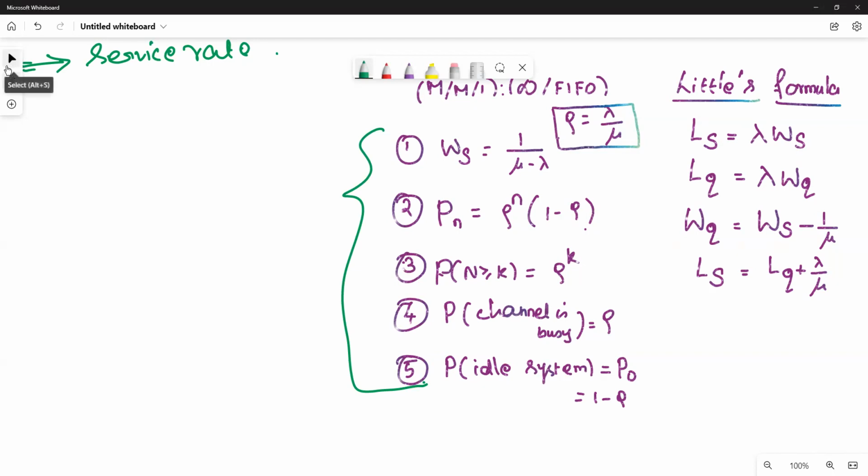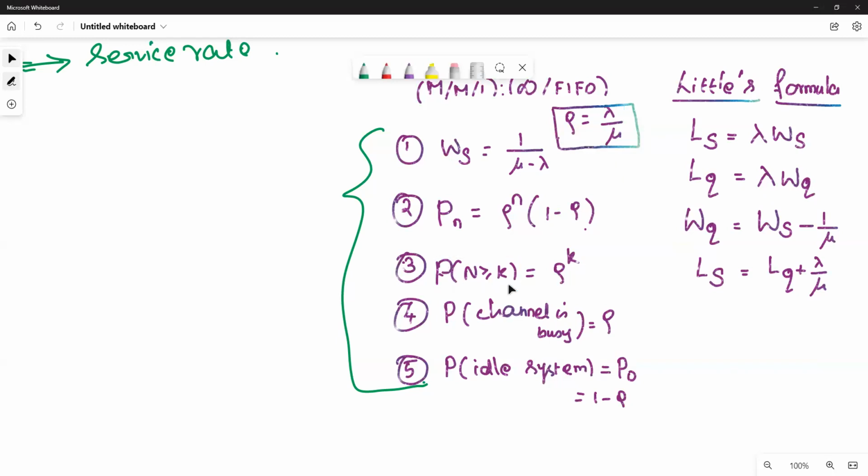Rho always denotes lambda by mu, arrival rate by service rate. Then Pn, the probability that there are n customers in the system, is given by rho to the power n into (1 minus rho), where rho is lambda by mu.